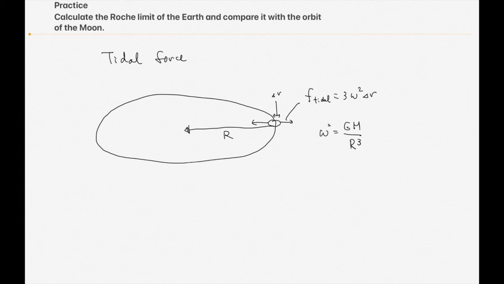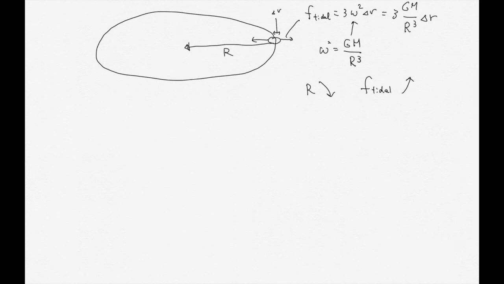So you can substitute these equations here. So this becomes 3 GM over R cubed delta r. If the distance from the central object is decreasing, then F tidal force is increasing. This is a characteristic of the tidal force.